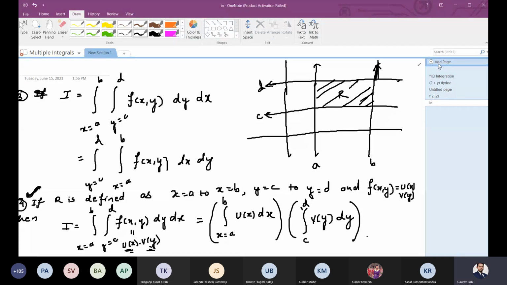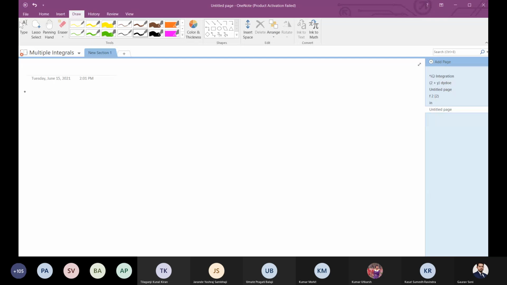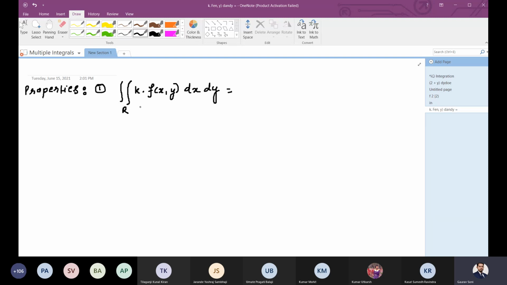Fine. After this, some basic properties. Whatever properties you have seen in your 12th standard, the same properties work for double integration as well. So double integration over a region R of k times f of x comma y, dx dy, where k is a constant.